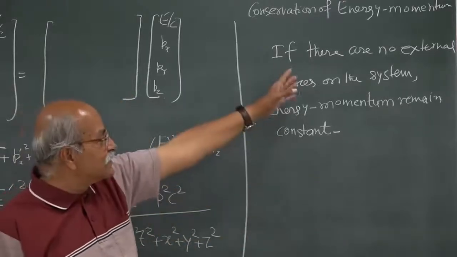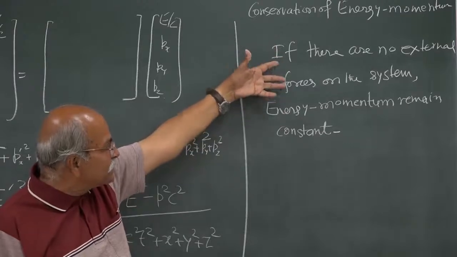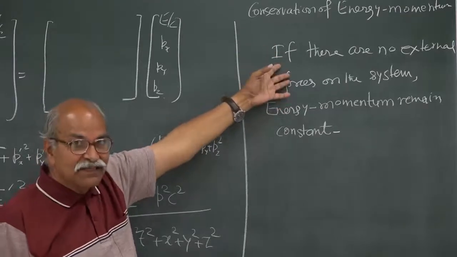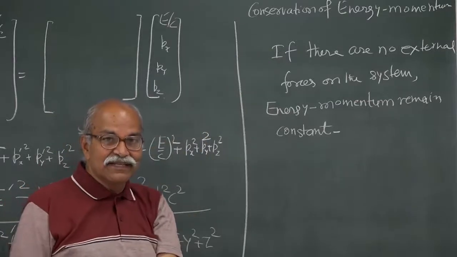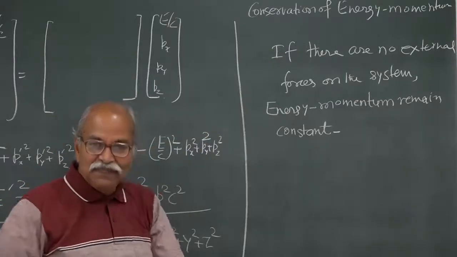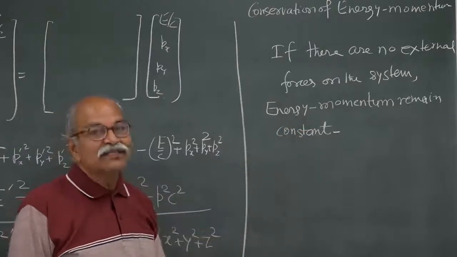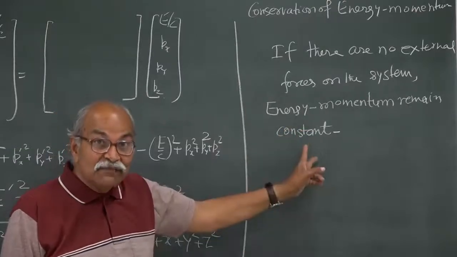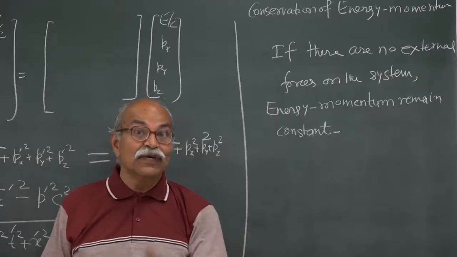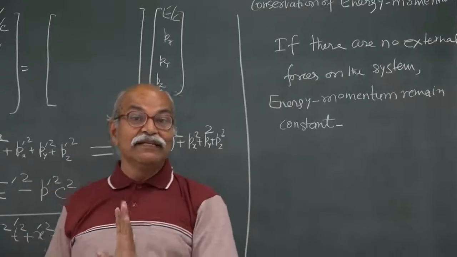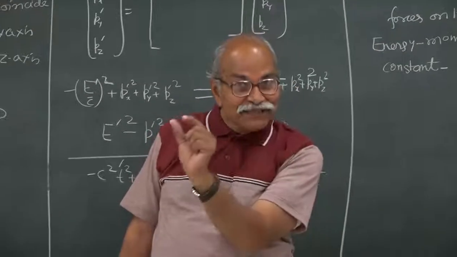And here it is as a function of time, some interaction is taking place within the system, not from external forces. Because of that, configurations are changing, and we see that in all those situations this energy-momentum remains constant. And remains constant means all the four components remain constant. In usual Newtonian mechanics, when I say linear momentum is conserved, I mean that px is separately conserved.